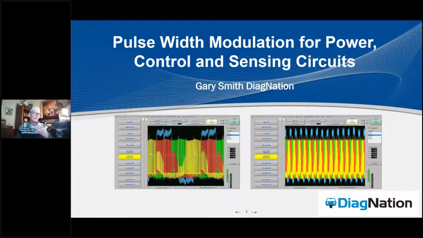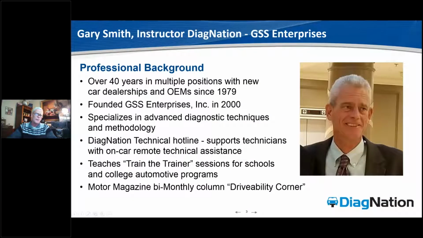The beautiful thing for us using lab scopes for diagnosing these systems, ladies and gentlemen, is that the signal itself is the power on the device. In that sense, oftentimes we can look at the output device, the circuit, and the PCM all in one screen to make a determination as to what's wrong in the circuit.